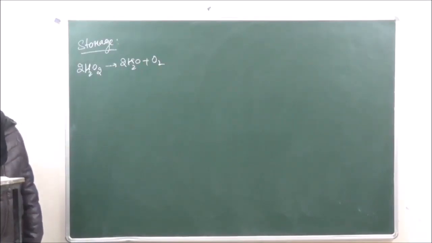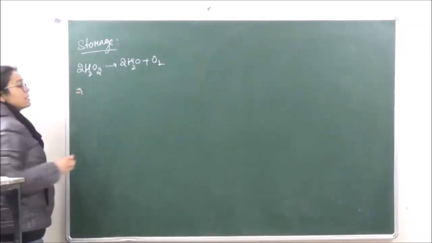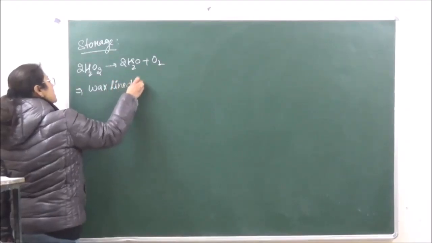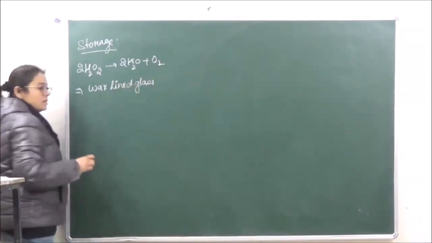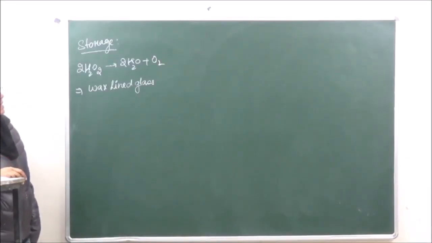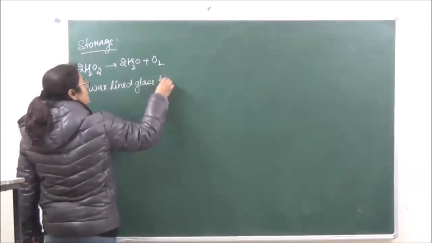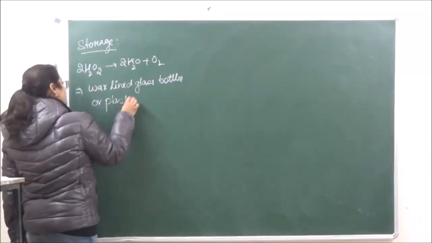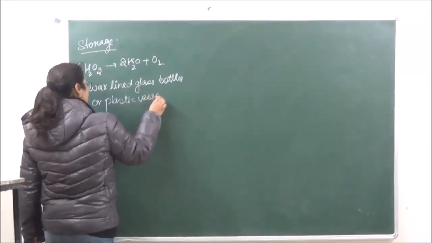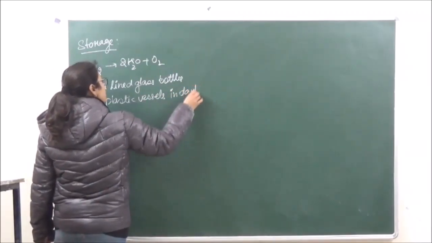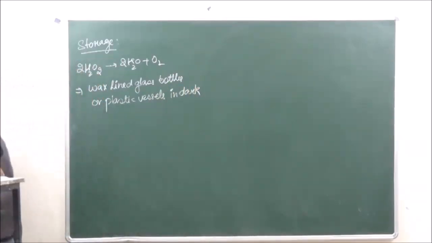So how do we store it? The hydrogen peroxide is generally stored in wax-lined glass bottles or plastic vessels. And because the decomposition takes place in light, we have to maintain darkness where we are storing hydrogen peroxide.